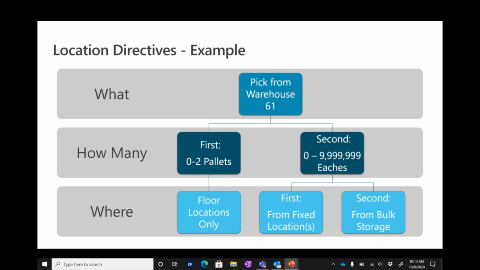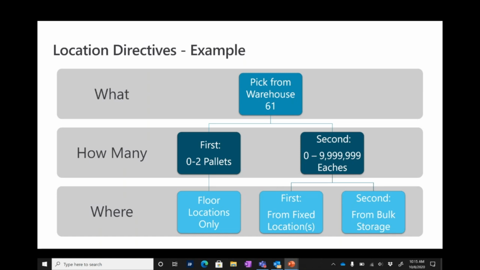So I have told my directive here in the example that the first sequence that I want you to evaluate is if I have between 0 and 2 full pallets of inventory that I need to pick, meaning that whatever quantity is on my sales order line, the demand, is converted into 0 to 2 full pallets of inventory, then I want it to look at the where in the bottom of the directive and direct the user to go to a floor location only.